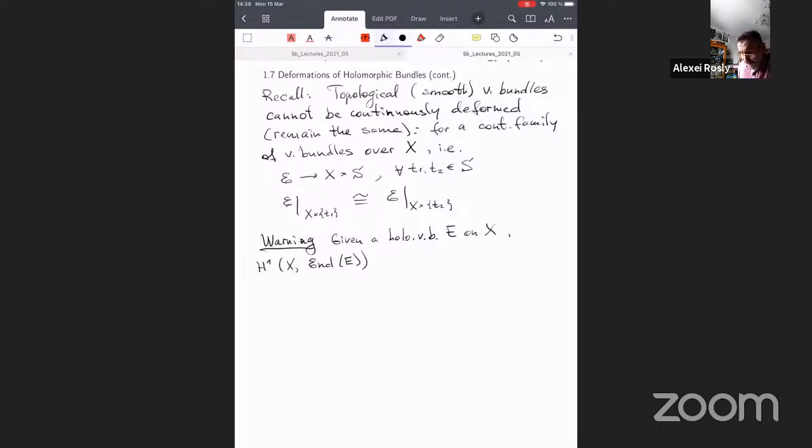But unfortunately, in general, this does not coincide with the tangent space to the moduli space, even when some notion of the moduli space exists.